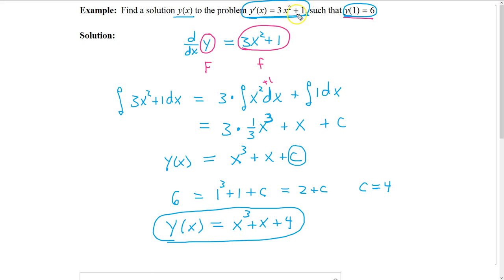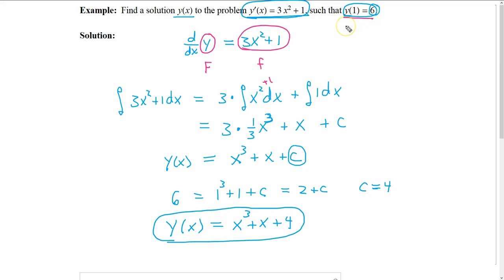Its derivative is 3x squared plus 1, and if we put 1 in for x, we get 1 plus 1 plus 4. We do get back 6. So there is our solution. We just had to anti-differentiate 3x squared plus 1 and use this condition to solve for the arbitrary constant.